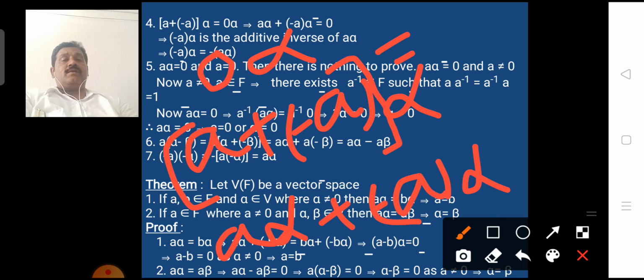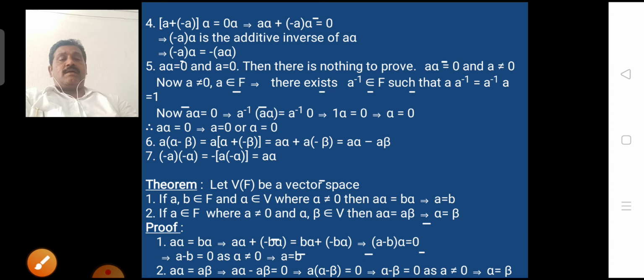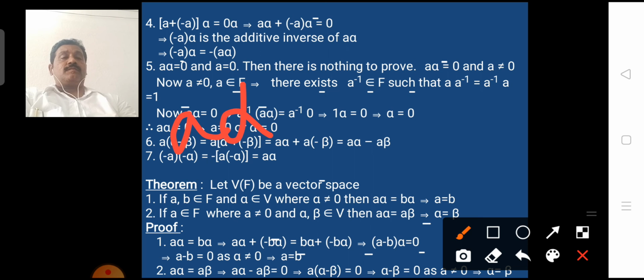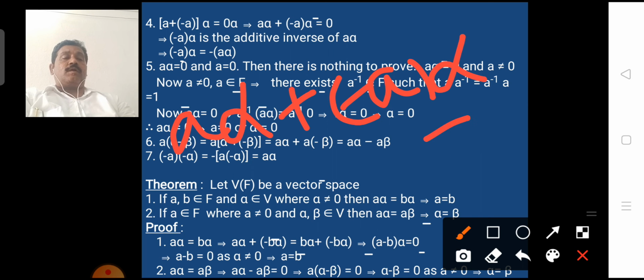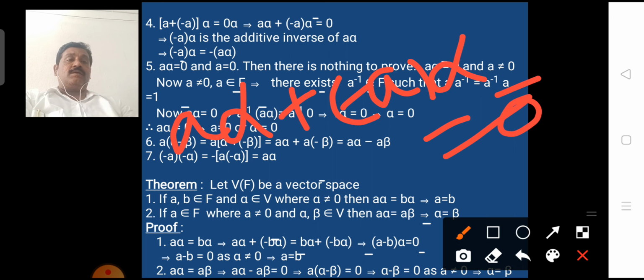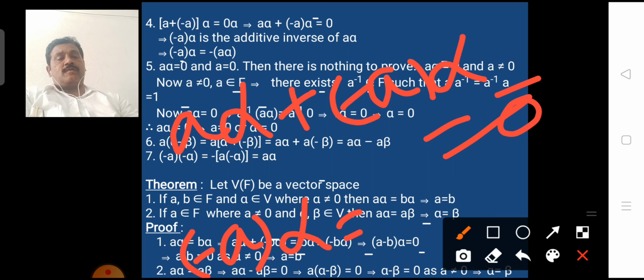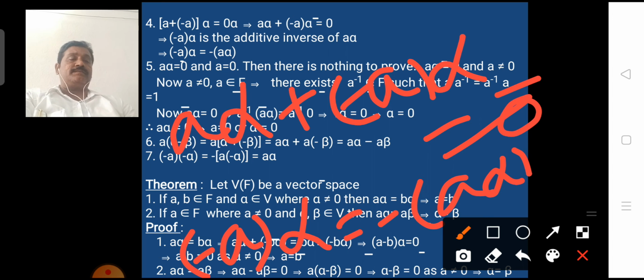We know 0 alpha equal to 0 bar, that is A alpha plus minus A alpha equal to 0 bar. So minus A alpha is the additive inverse of A alpha. So minus A alpha equal to minus A alpha. This is the proof for 4.